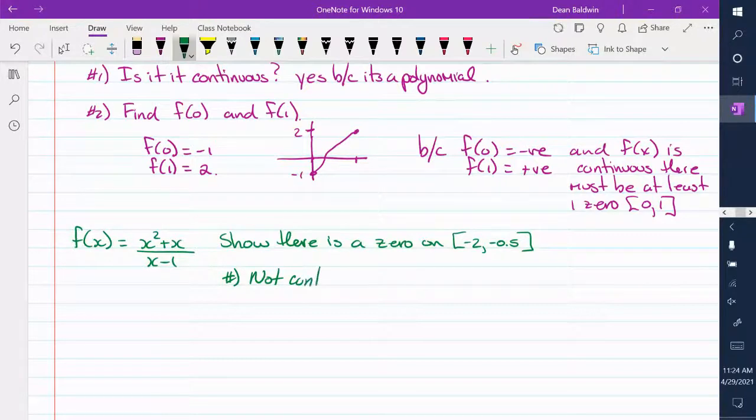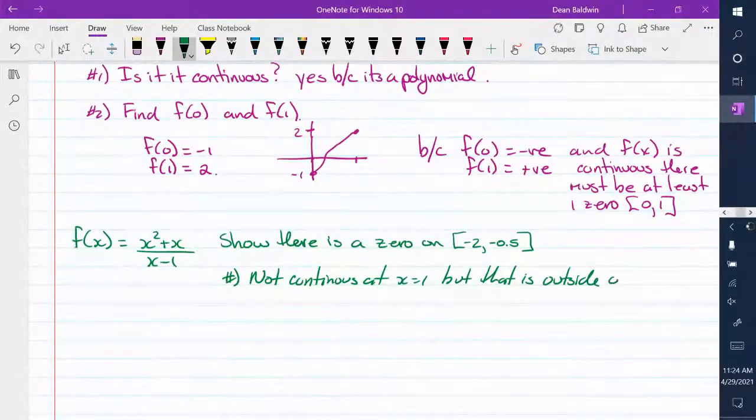Not continuous at x equals 1, but that is outside of our domain.